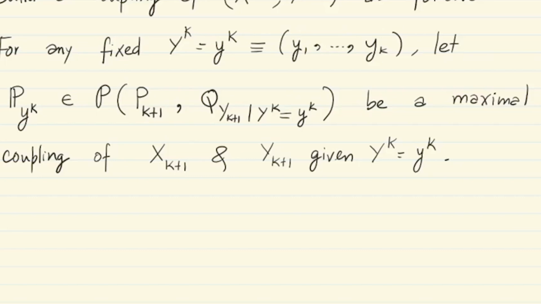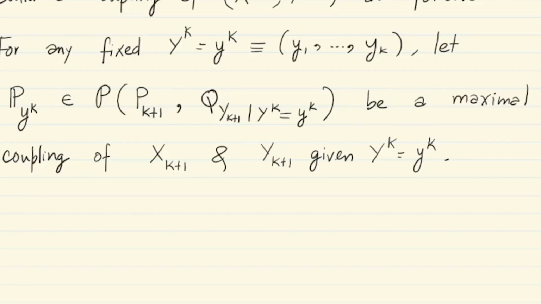We always know by the maximal coupling lemma that such a maximal coupling always exists, such that the discrepancy probability between these two random variables that it couples is exactly equal to the total variation distance between the marginals that it couples.